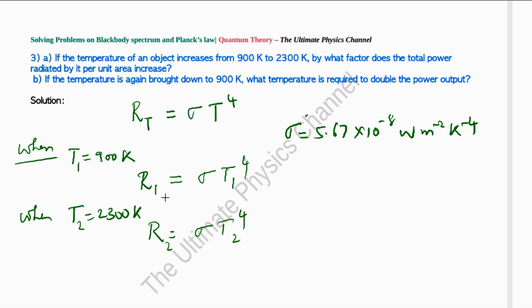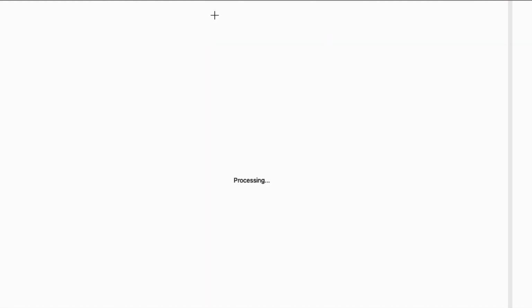Now the power increase is going to be, in this case, R1 is the lower power, so I say R2 over R1. I have T2 over T1 power 4, where the common constant, the Stefan-Boltzmann constant sigma, gets cancelled.